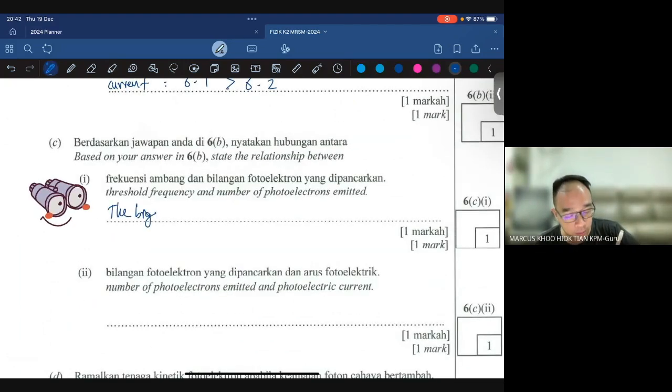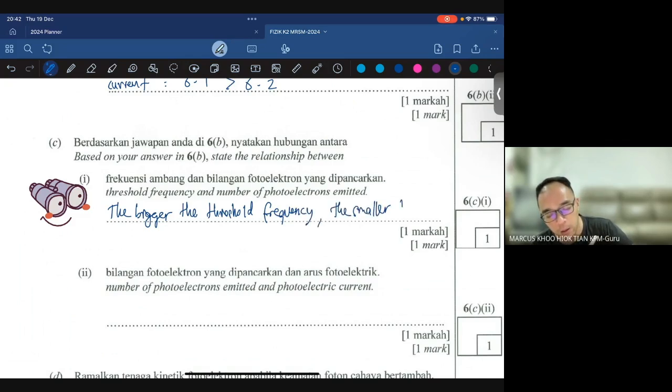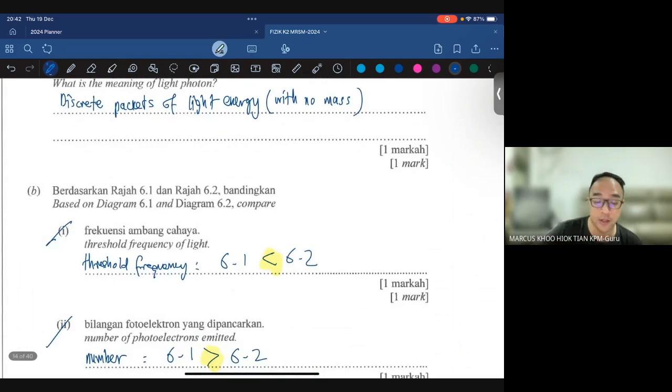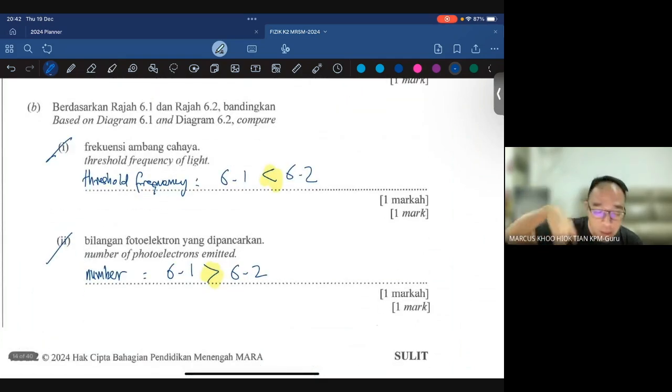The bigger the threshold frequency, the smaller the number of photoelectrons.